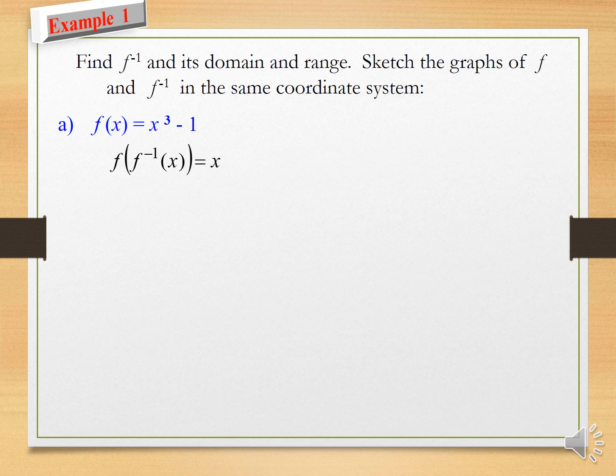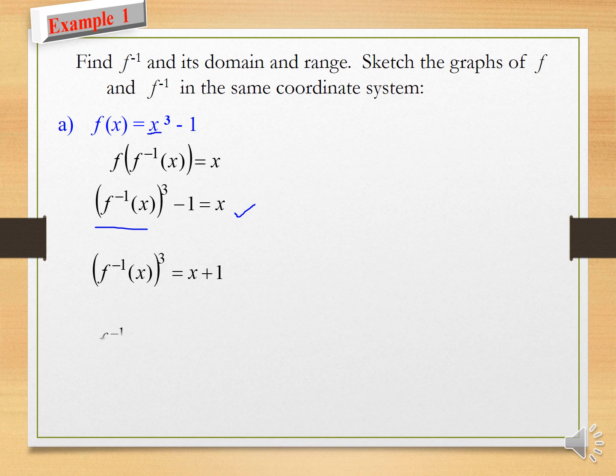By using f composite f inverse(x) equals x, we get (f inverse(x)) to the power of 3 minus 1 equals x. Therefore, (f inverse(x)) to the power of 3 equals x plus 1. And we get f inverse(x) equals the cube root of x plus 1.